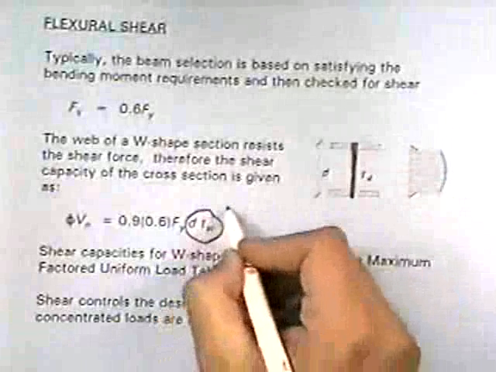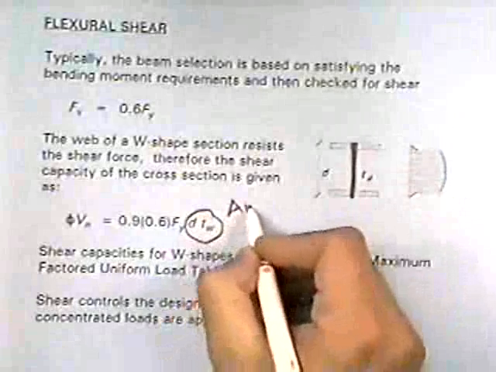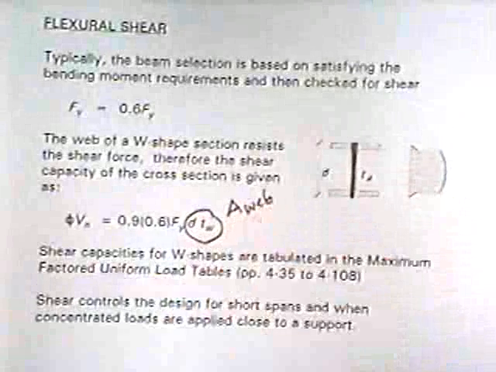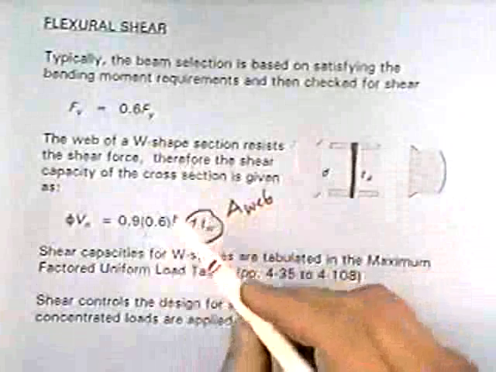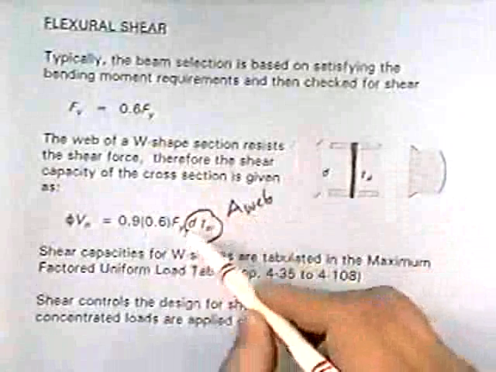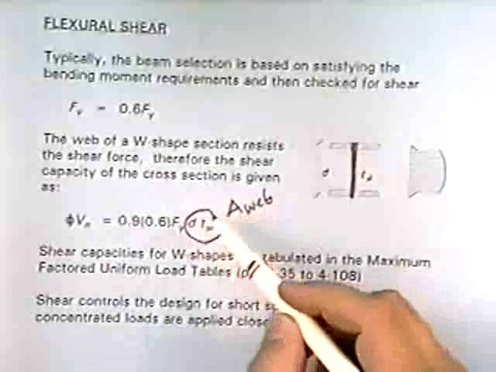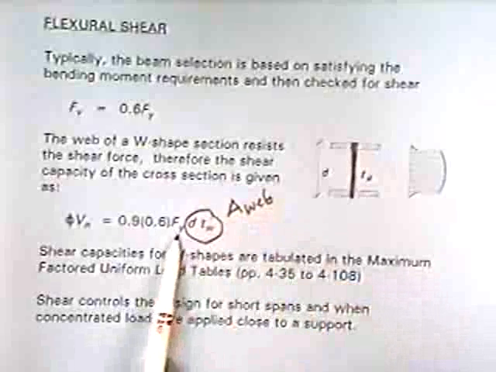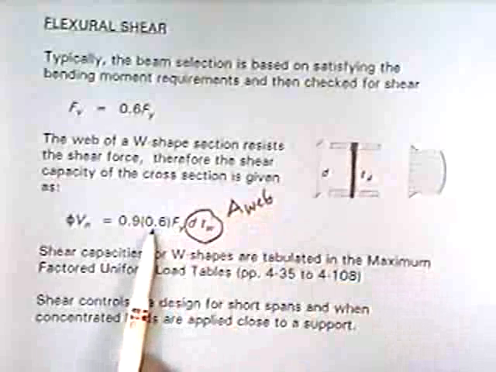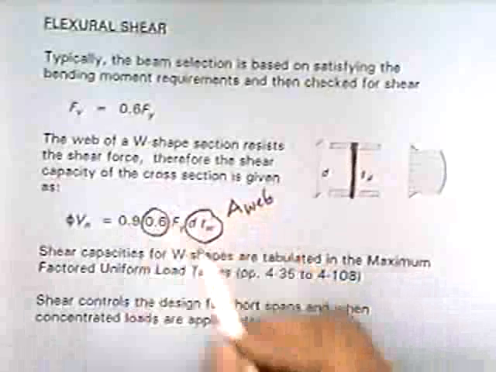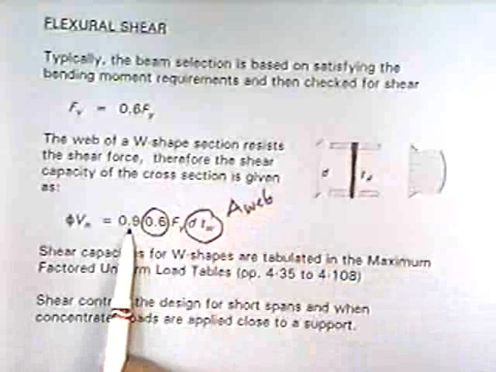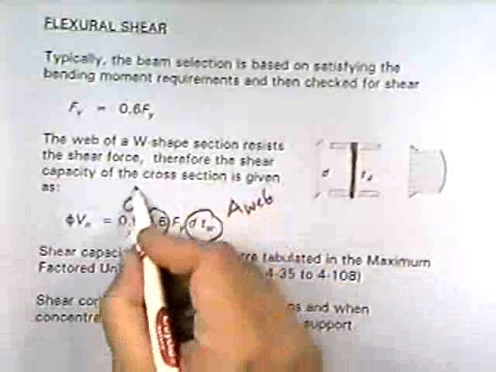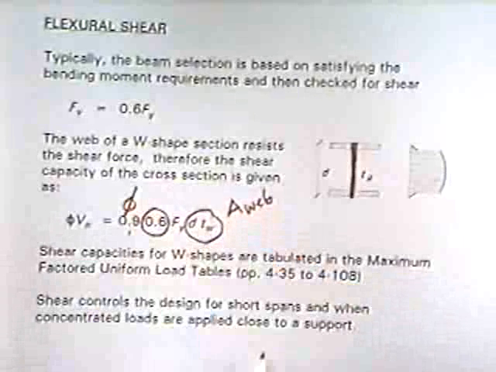So D times T sub W is the area of the web, and the shear capacity is that area times the maximum stress that can develop over that area, and for shear it's 0.6 Fy. Don't forget that, times 0.9 for a phi or reduction factor.